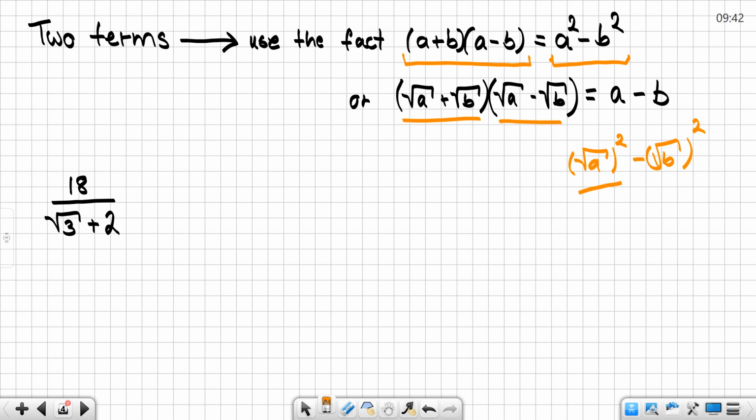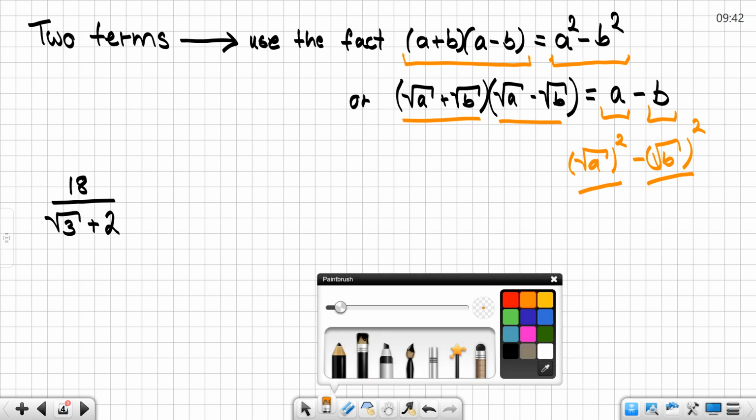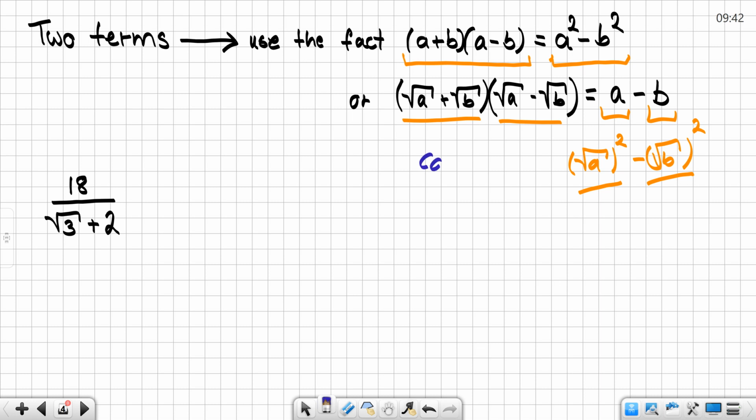And this right here is just a, and this right here is just b. These are called conjugates. So the conjugate of something plus is something minus, and vice versa.